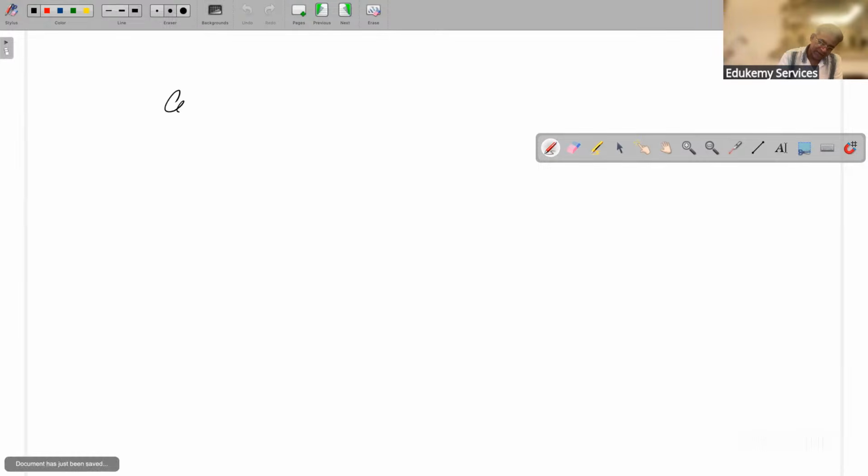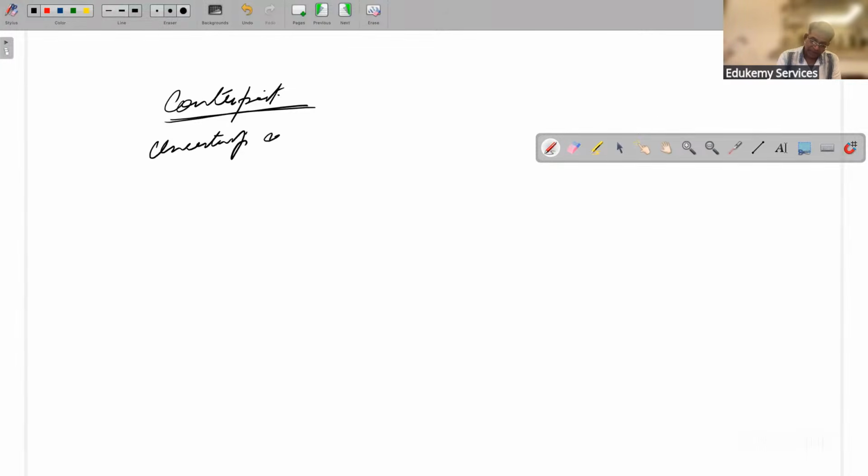Counterpoint: uncertainty can actually lead to disaster in critical decisions.